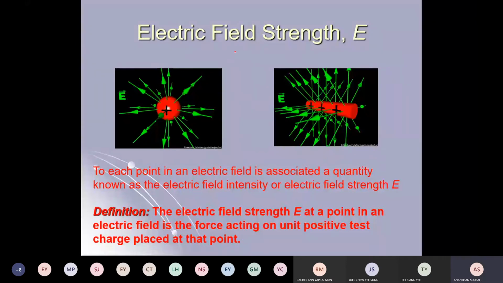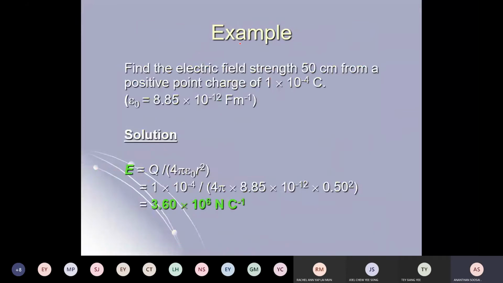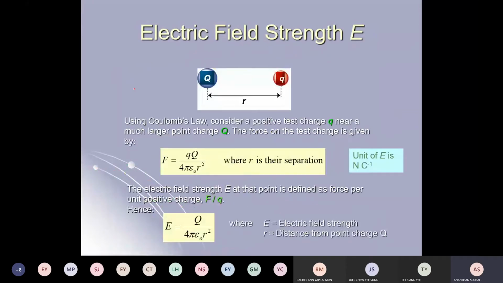What is the formula linked to electric field strength? This is the new formula. The old formula you learned is E equals force per unit positive test charge. Remember, it's a test charge.